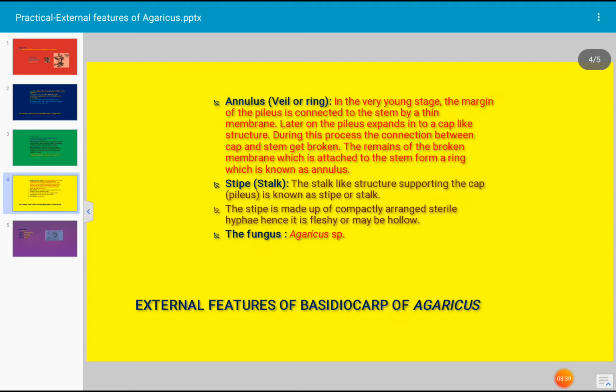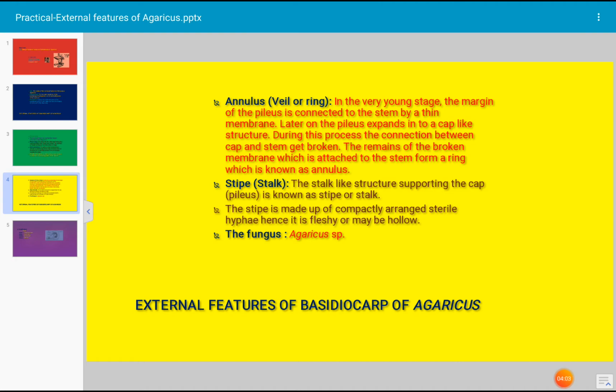Next, a ring-like structure is present in the fruiting body, which is known as annulus. In the very young stage, the margin of the pilus is connected to the stem by a thin membrane. Later on, the pilus expands into a cap-like structure.